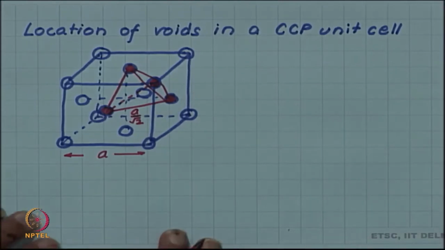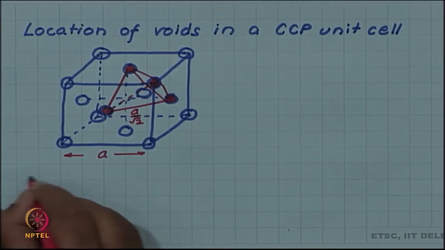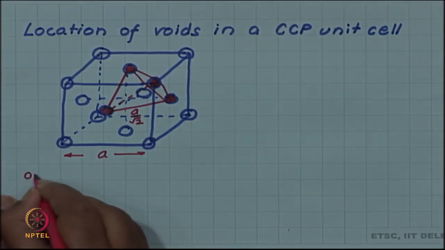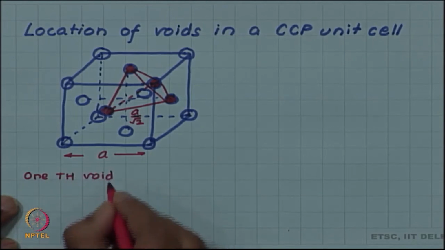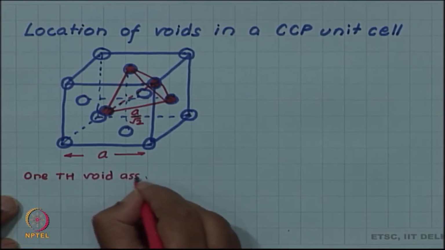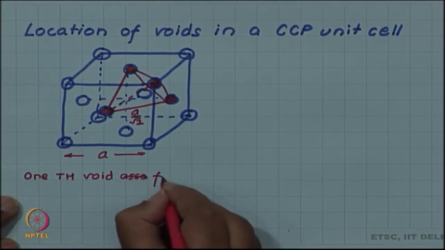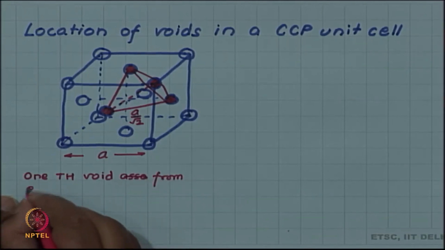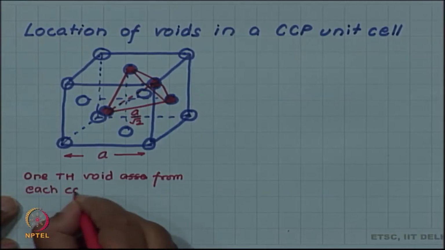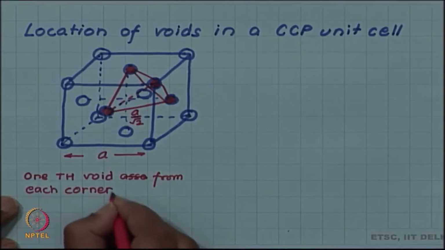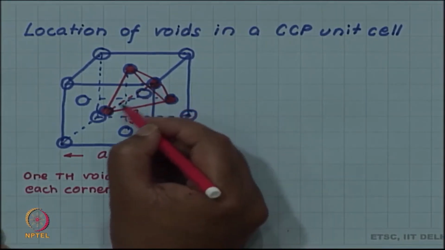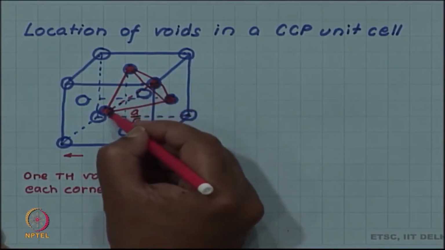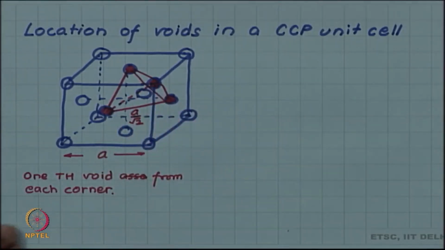So, there is one tetrahedral void from each corner. The center of this void will be located on the body diagonal.